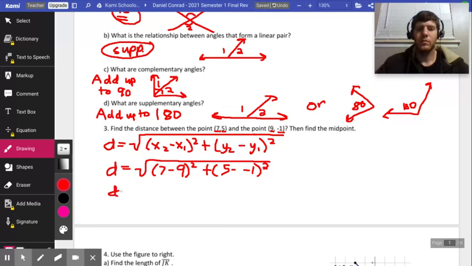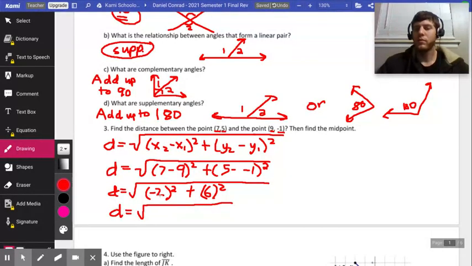Okay, so if we keep going here, 7 minus 9 is going to be negative 2 squared, plus 5 minus negative 1, that's the same as 5 plus 1. That's going to be 6 squared. Okay, negative 2 times negative 2 is going to be positive 4, and then 6 times 6 is going to be 36.